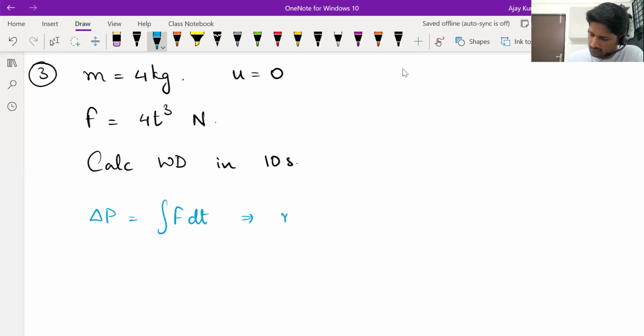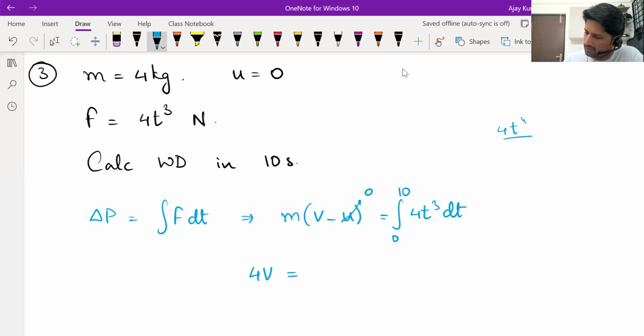This first step is correct. Substitute mass is 4 kg, final velocity is unknown. So left hand side becomes 4v because U is 0. Is equal to 4 into t power 4 by 4. That 4 will get cancelled. It won't be 40,000. It will be 10,000.